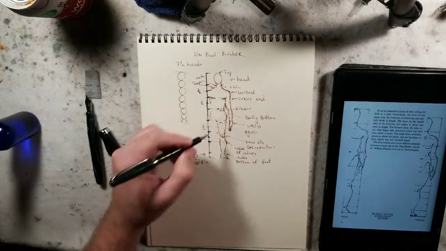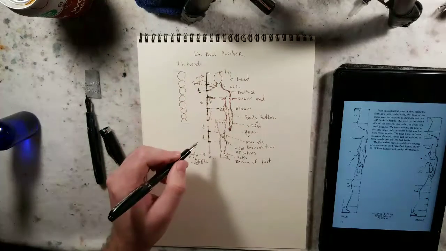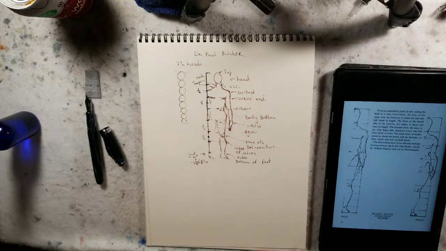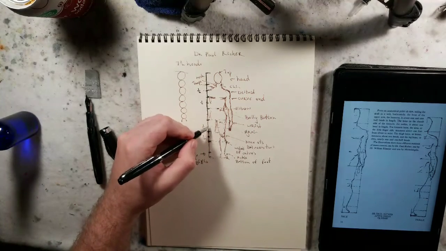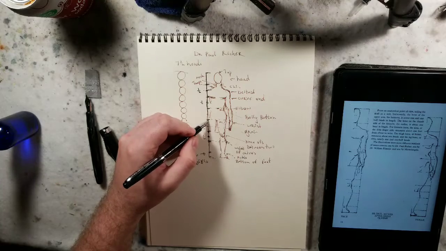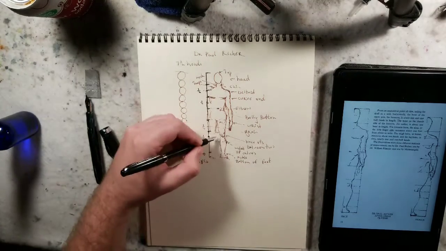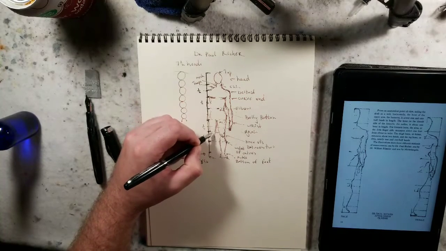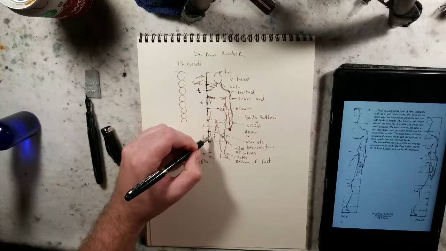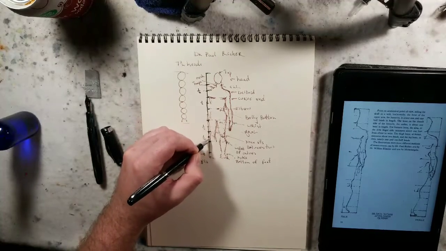So this is a proportion guide that was invented by Dr. Paul Richer. It does not say when he had come up with that. However, if this gentleman was copywriting in 1920, here's the knee. It comes in like here, then it goes wide out to the widest point of the calf.